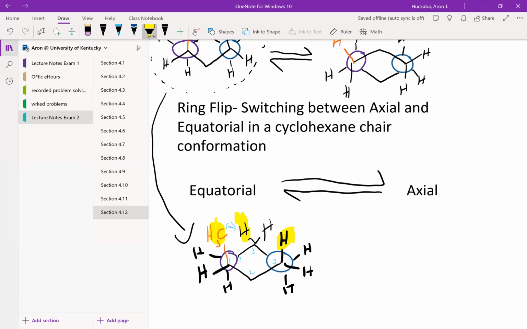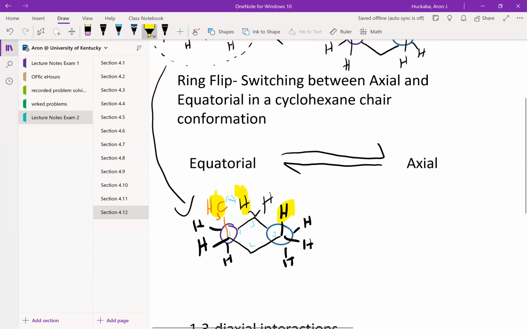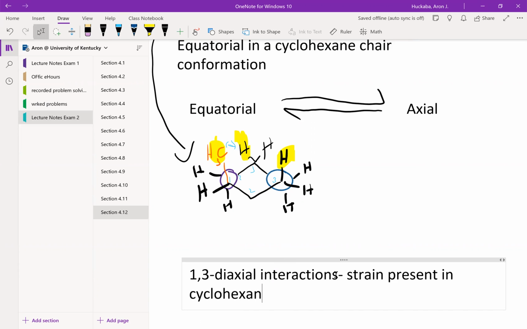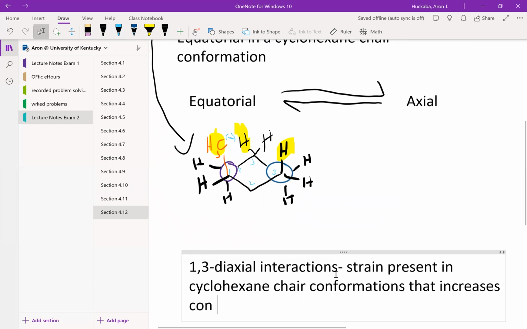The steric strain here says that because of the interactions between these groups, you're going to have a higher energy conformation than potentially if you were to do a chair flip or a ring flip. So a 1,3 diaxial interaction is a strain present in cyclohexane chair conformations that increases conformational energy.